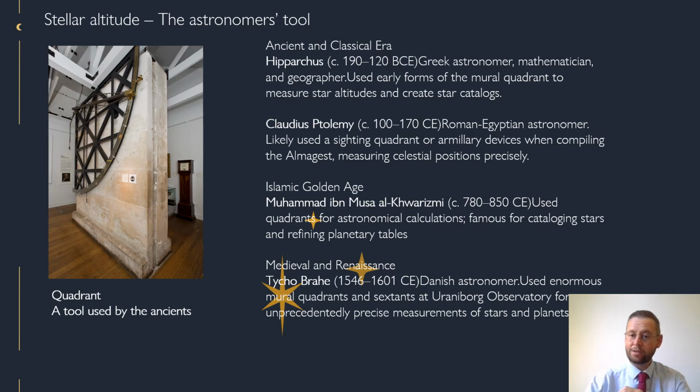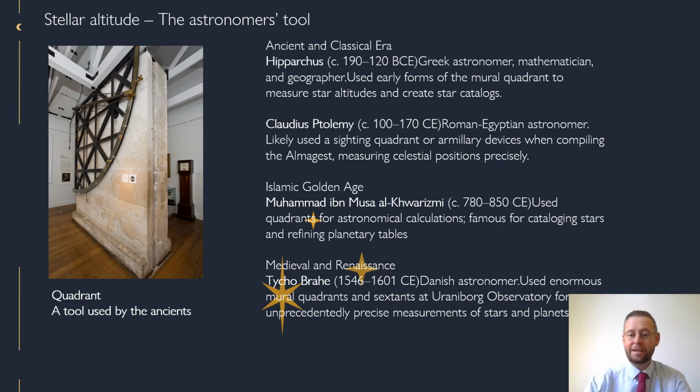Ptolemy used this as well, the person who developed the Earth-centered model of the universe. You might have heard of him. And then moving forward into the Islamic Golden Age, Muhammad ibn Musa al-Khwarizmi used this and catalogued much more of the fainter stars. Many of the stars in the night sky are given Arabic names basically because of his catalogue.